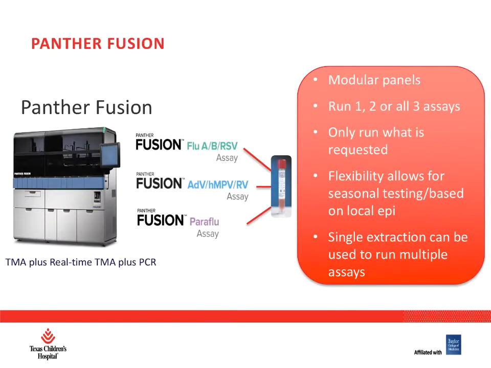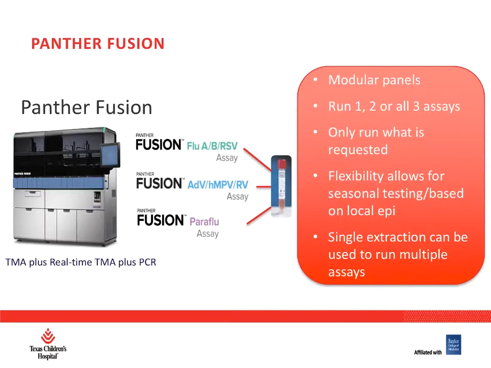So we wanted to come up with a better way, perhaps, to do some of this respiratory virus testing. We are currently Panther users. We perform the CT/NG on the Panther. We also perform Zika virus testing on the Panther using the Aptima assay.